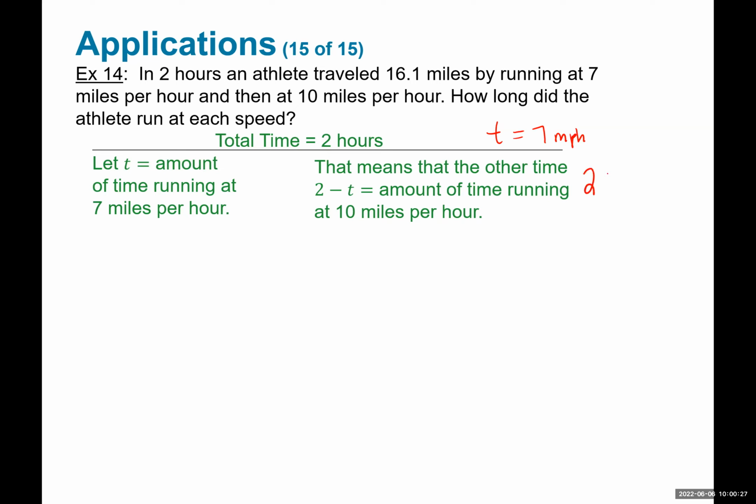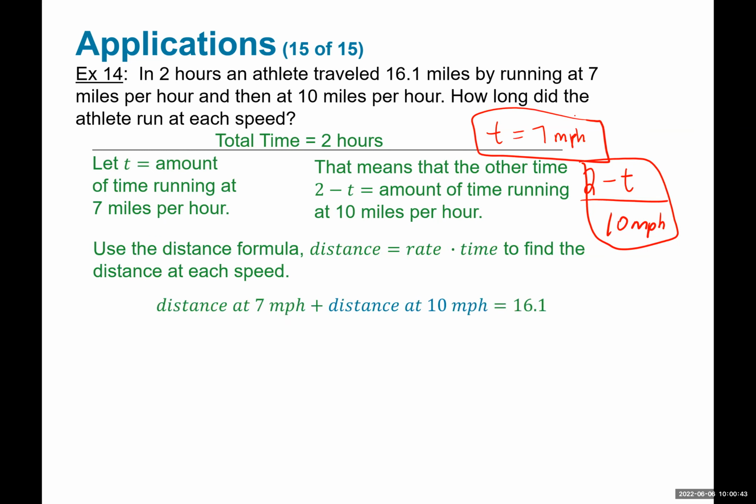Well, you say the 2 hours minus the time that they ran 7 miles per hour, and that would leave us with the time at 10 miles per hour. So these two go together and these two go together. Okay. Distance equals rate times time. So we have the distance at 7 miles per hour plus the distance at 10 miles per hour equaling 16.1 miles total for 2 hours.